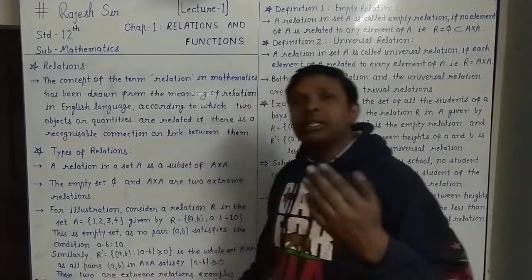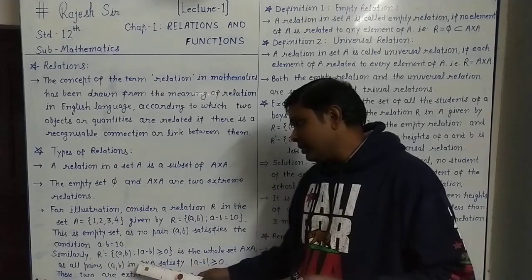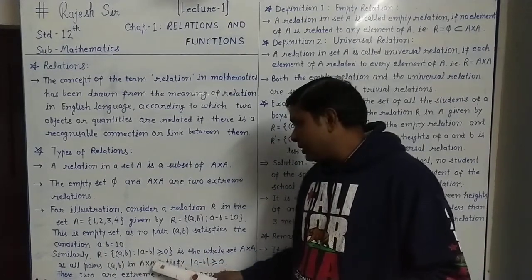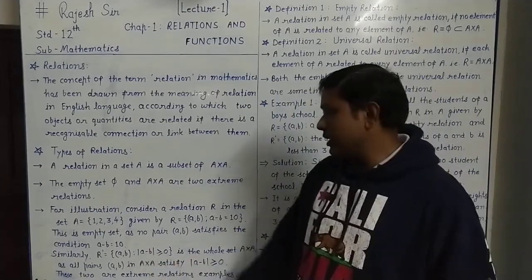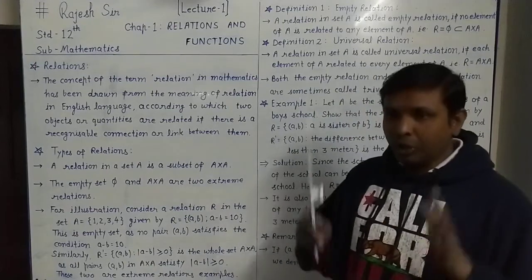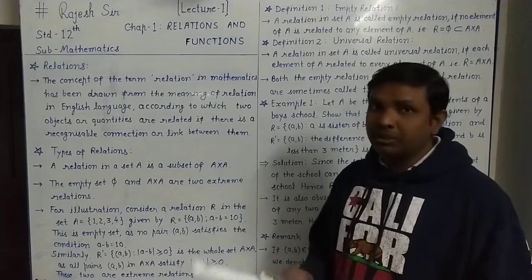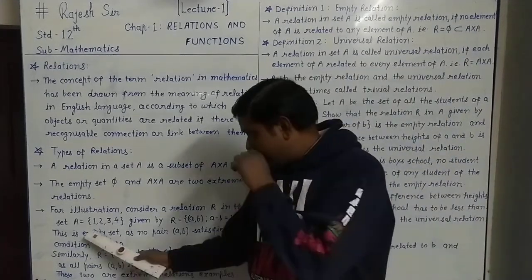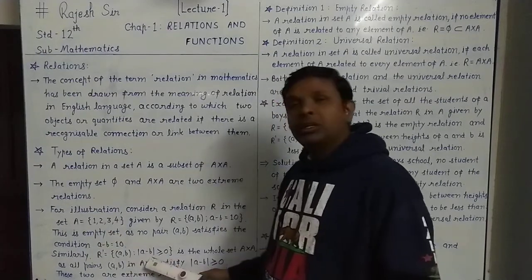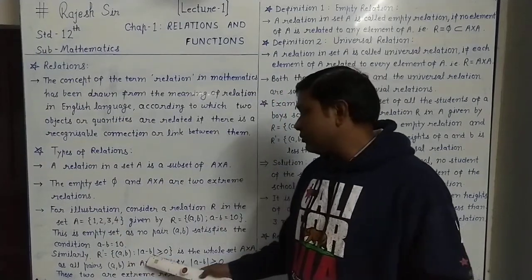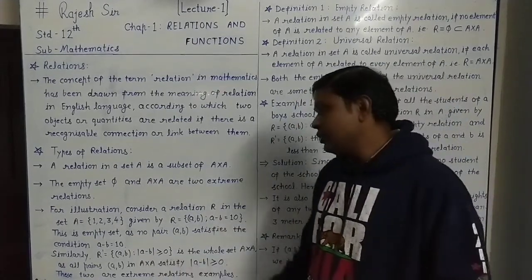Similarly, consider another relation R', which is the set of pairs (a, b) such that modulus of a - b is greater than or equal to 0. As you know from the definition of modulus, if anything inside is negative, it comes out and becomes positive. So with a as 1 and b as 4, we get -3, and it comes out as +3, so it is greater than 0.